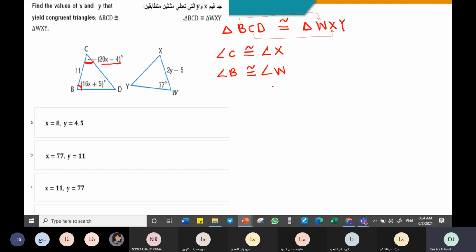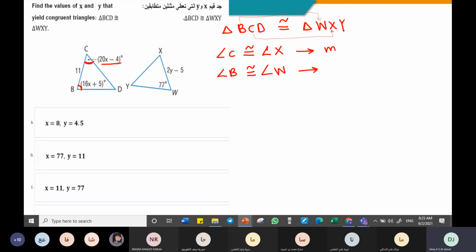What do I mean by the word congruent? Yes, ladies, what do I mean by the word congruent? Equal to each other, same measure, same shape, same everything. So let's have a look.